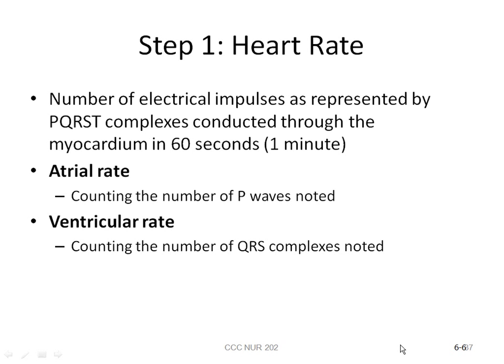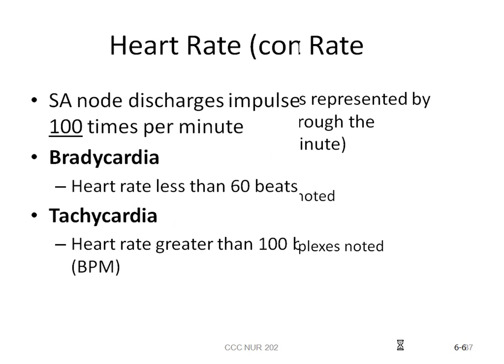There are other ways to count the rate on rhythm strips, and I'll show you those in a few moments. But I'm not expecting you to learn it. If you know another way, that's fine, okay? Because if you're more advanced and you work in CCU, you want something more exact than that 10 interval. But for the most part, being able to calculate within that 10 will do what we need to do as far as doing the rhythms, okay?